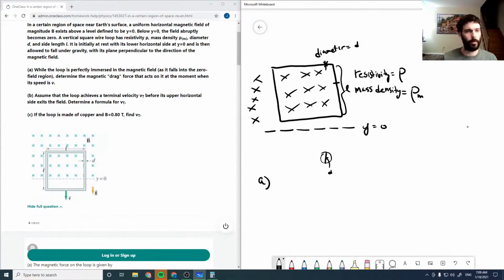While the loop is perfectly immersed in the magnetic field, as it falls, determine the drag force on it at the moment when its speed is v.